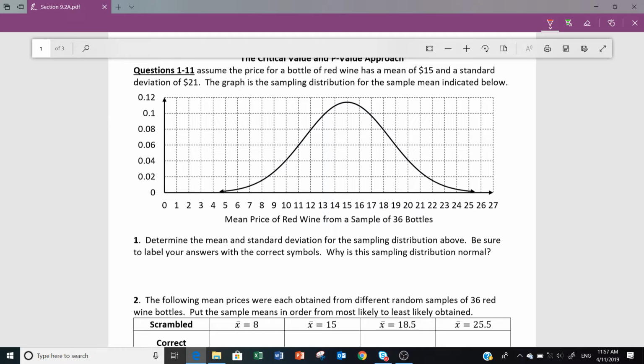And maybe Audrey might be like, isn't that implied? It is, but I do want to see it on your papers. The mean of the sampling distribution, the symbol for that looks like this. The standard deviation of the sampling distribution looks like this. This is what I'm asking for in the problem.